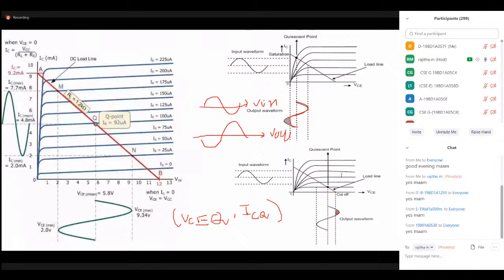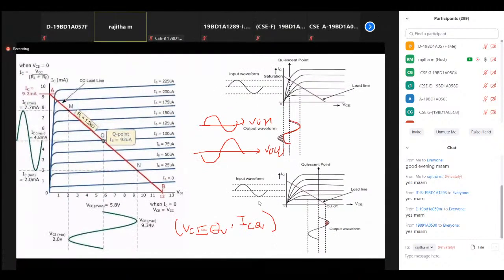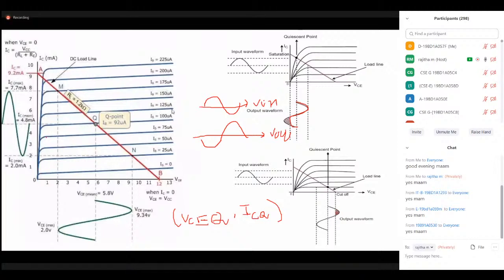So what is VCEQ? It is exactly at the midway of the x-axis, and ICQ is at the midway of the y-axis. Hence, VCEQ is equal to VCC divided by 2.